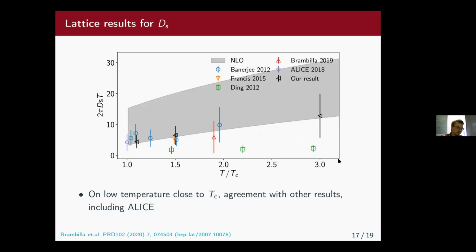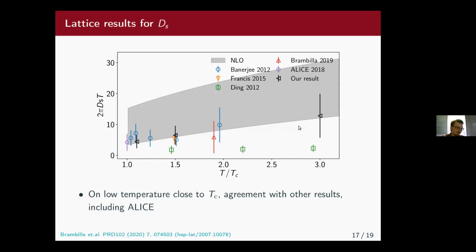Here are our results. Focusing first on the small temperature regime, where all the other results are. Our results are black. We can see we agree within errors with everything else, except for the Ding, but those probably have a bit underestimated errors and systematics, since those come from the current measurements, which have that very hard transport peak.